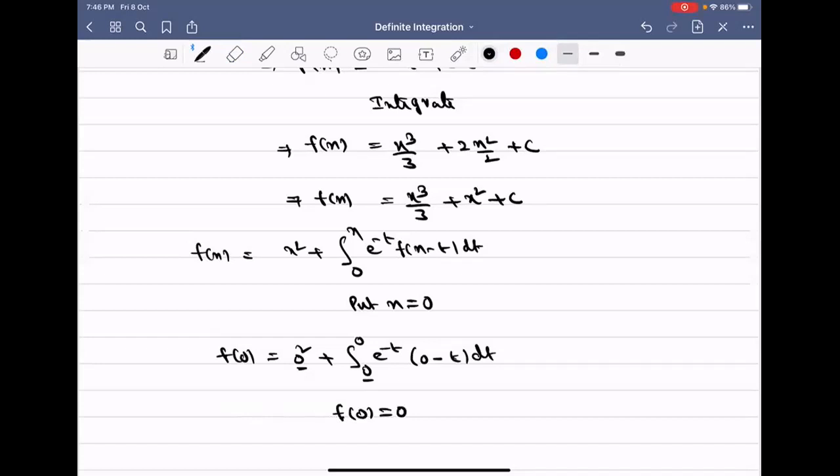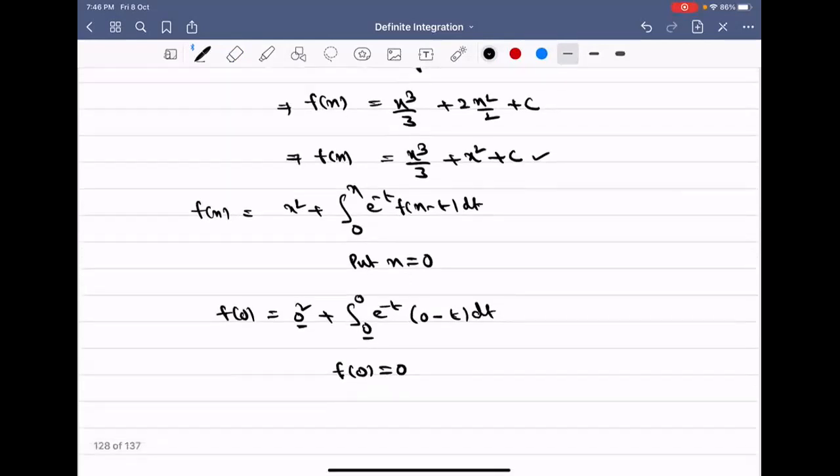But what is f of 0 from this one? We substituted x equal to 0. f of x is equal to x cube by 3 plus x square plus c.